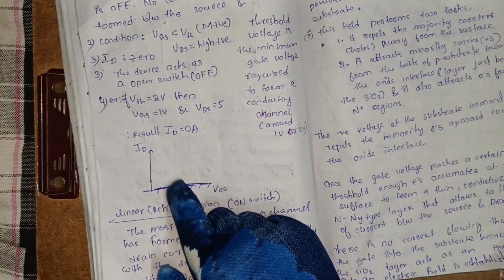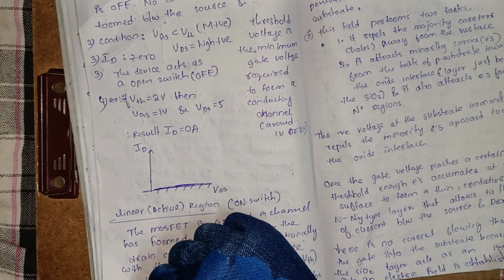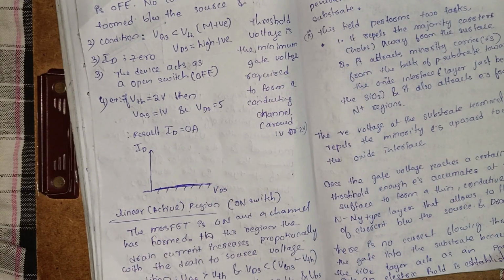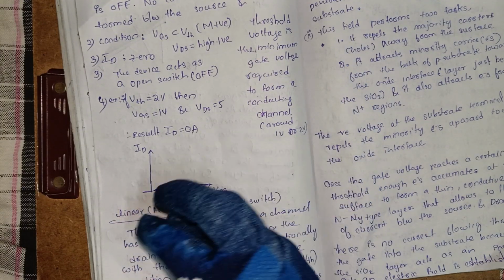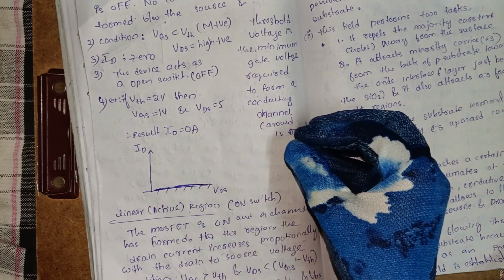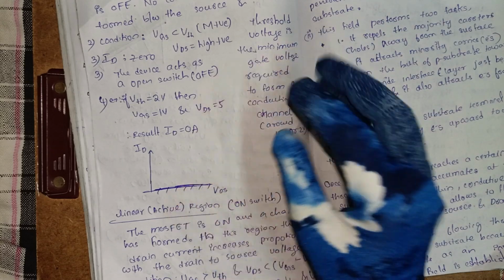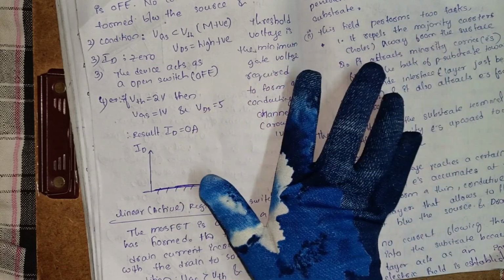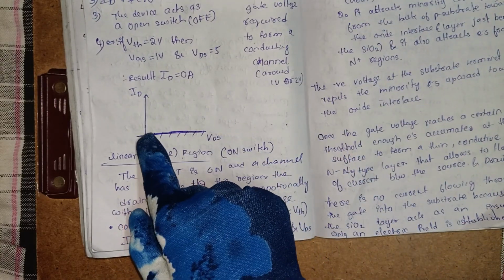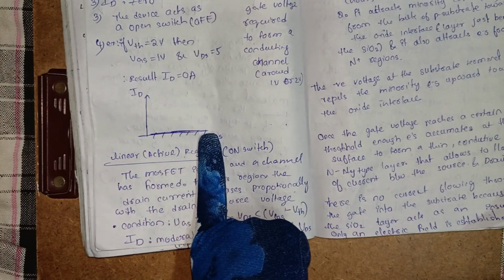It indicates the cutoff region because there is no current developed. It is zero only. This graph shows that even if we increase VDS, ID is independent of VDS, so we don't get any current. The line is only along the x-axis.